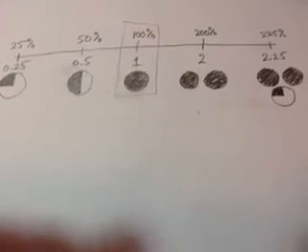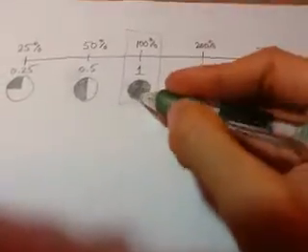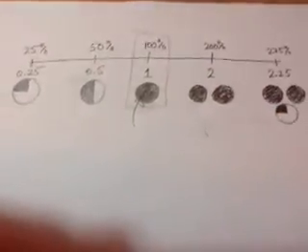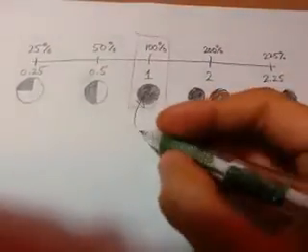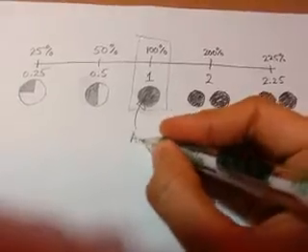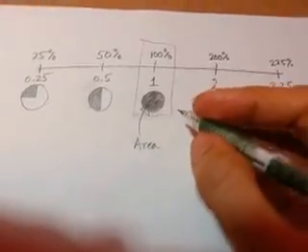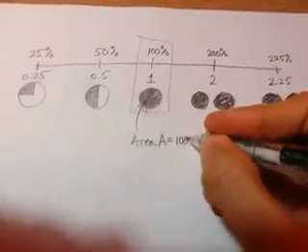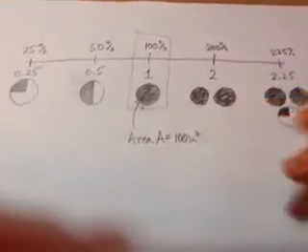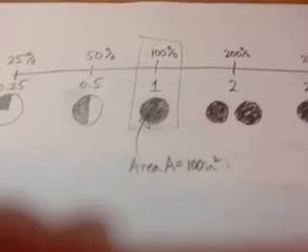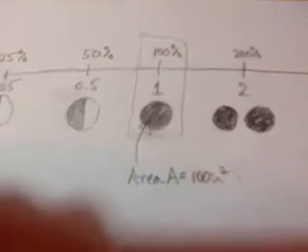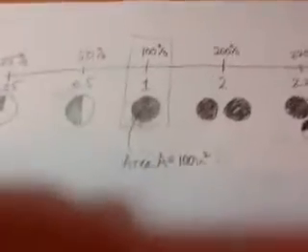So, for instance, since we're eating the pizza, let's talk about the area. Let's say the area, A, is equal to 100 inches squared. Awesome. Let's say I eat 100% of the pizza. What does that mean?